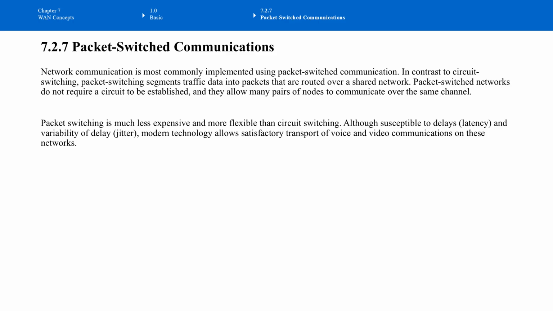Packet switched networks do not require a circuit to be established, and they allow many pairs of nodes to communicate over the same channel. Packet switching is much less expensive and more flexible than circuit switching. Although susceptible to delay and the variability of delay, modern technology allows satisfactory transport of voice and video communication on these networks.